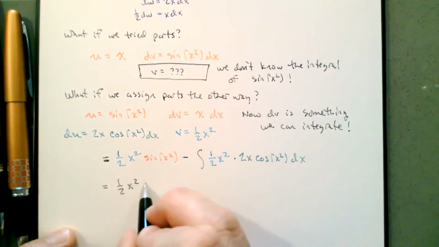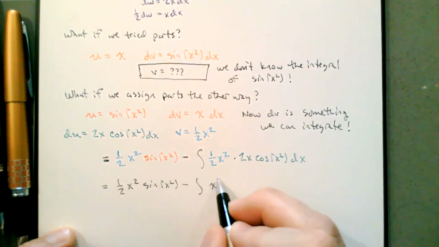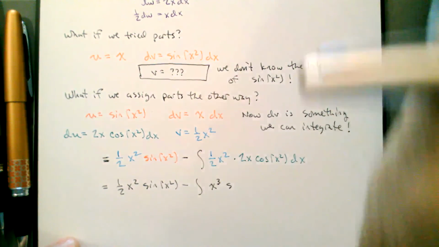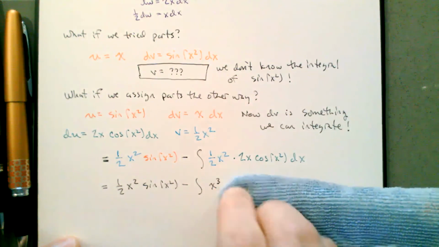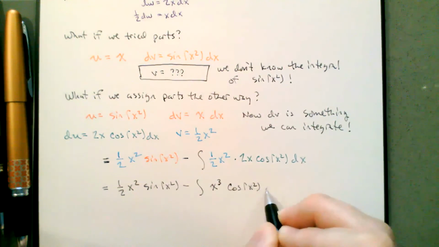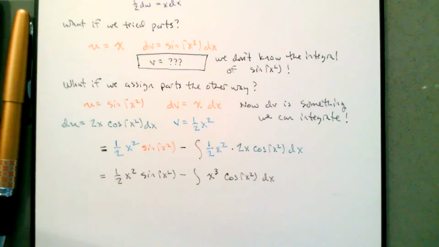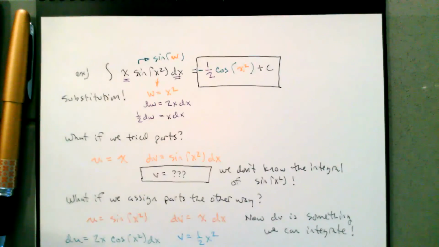So 1/2 x squared sine of x squared minus the integral of x cubed times the cosine of x squared. Now we might notice that this is x cubed cosine of x squared. This looks worse than what we started with.